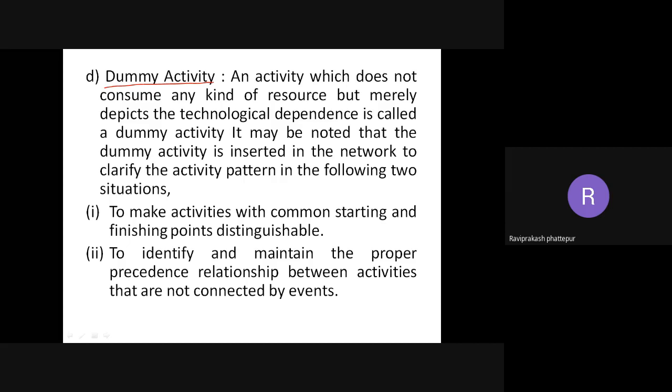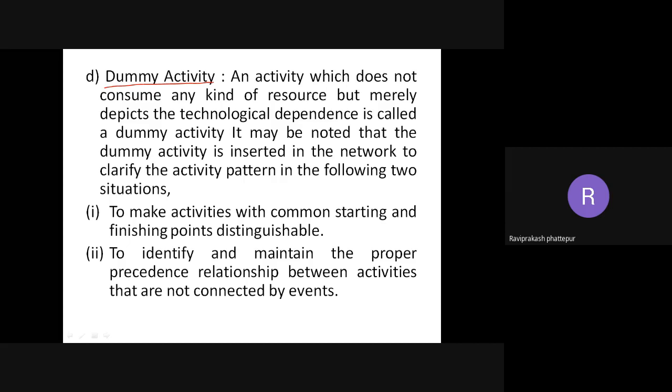Basically, it helps you understand the precedence and succession of activities. Where it is not consuming any resource but merely depicts the technological dependence, it is called a dummy activity. It may be noted that the dummy activity is inserted in the network to clarify the activity pattern.